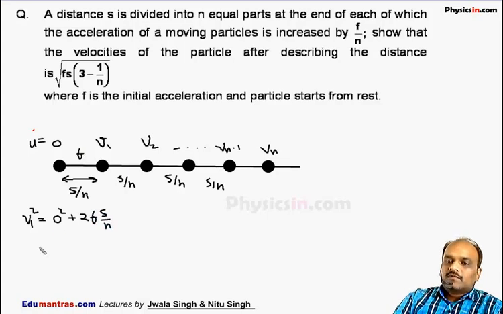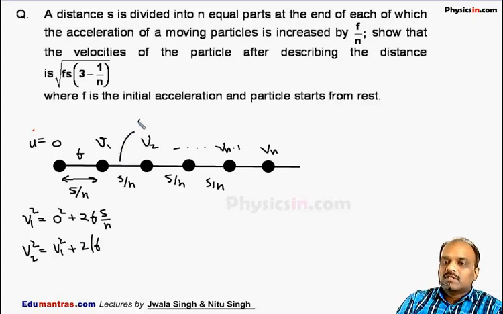For the second interval, v2 square is equal to v1 square plus twice the acceleration, which increases by f by n, so it is f plus f by n, into s by n.